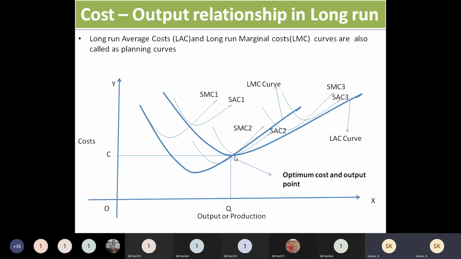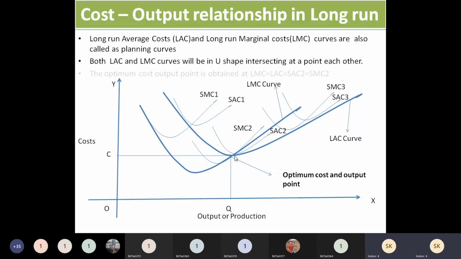For that, these LMC and LAC will help the organization, and both are U-shaped, intersecting each other. Where the optimum cost and output point is obtained, LMC is equal to LAC is equal to SAC2 equal to SMC2.